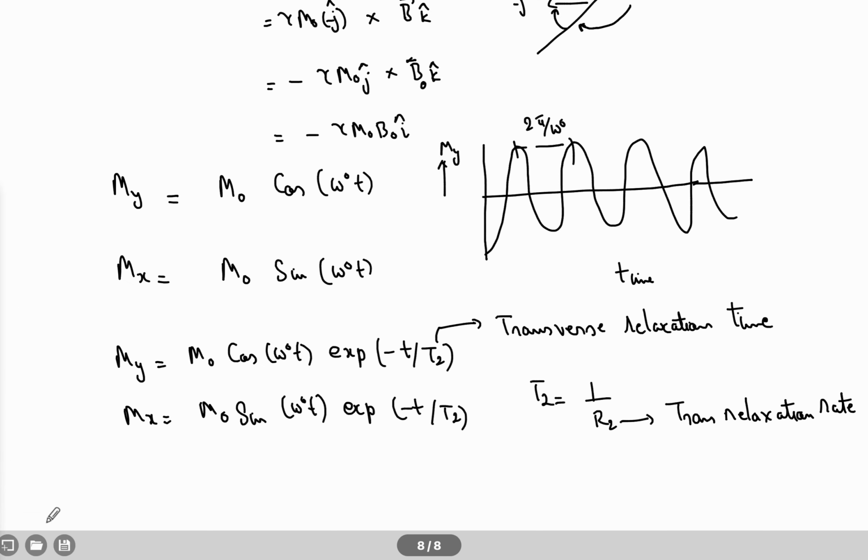So let us see, for example, if you have longitudinal relaxation also happening, that is when the spins are redistributing themselves so that the population is back to normal. So in that case, what is happening? As soon as the RF pulse is stopped, that is when we are at this stage.